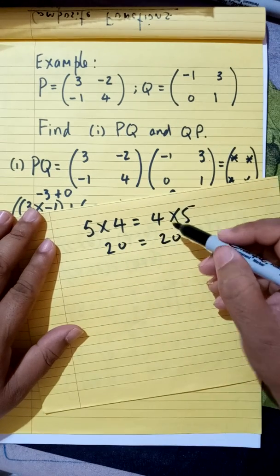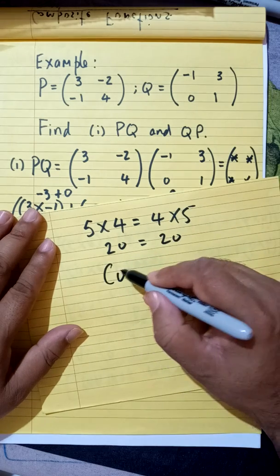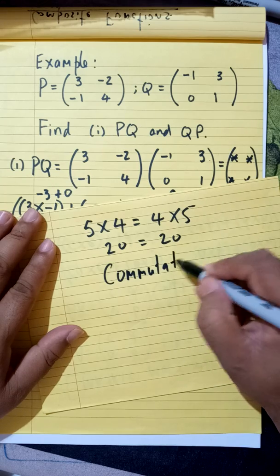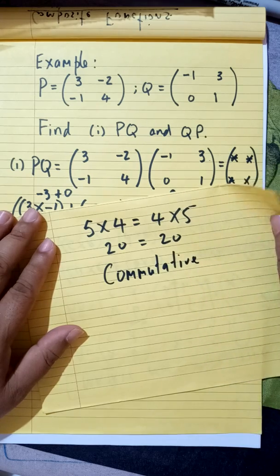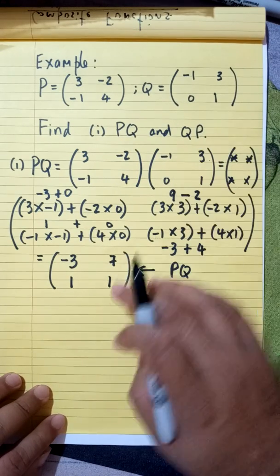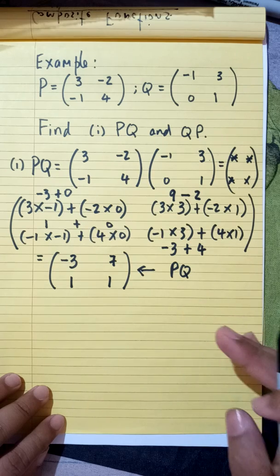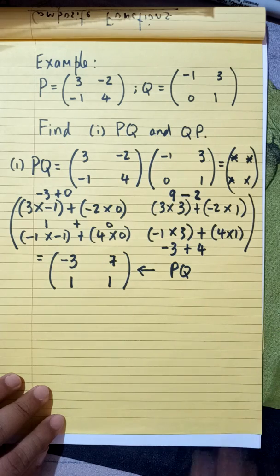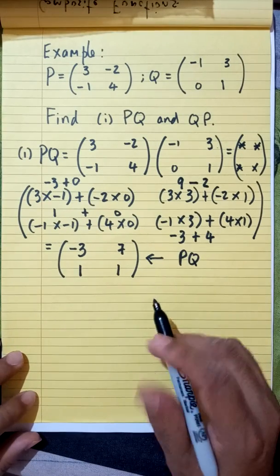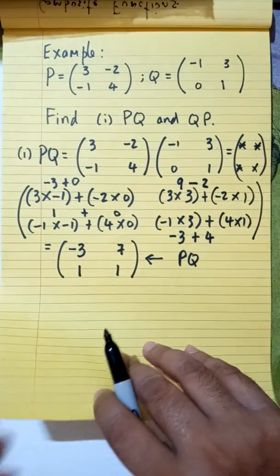So multiplication of integers obeys the commutative law. So if we work out QP and we get back the same answer, it would mean that multiplication of matrices obeys the commutative law also. So let's give it a try. Alright, I'm going to use a fresh page.